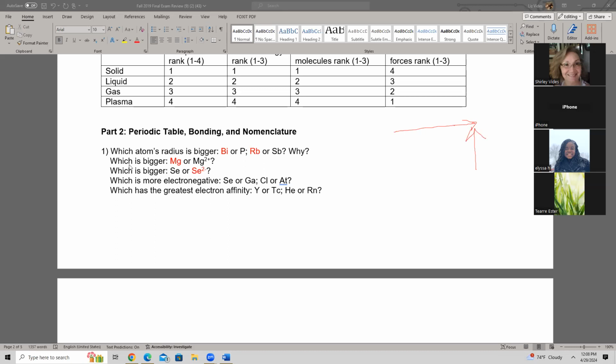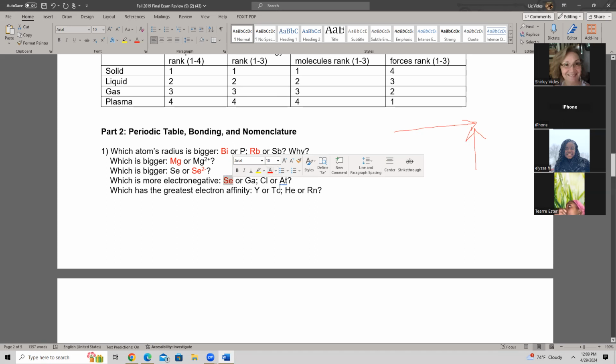Selenium is to the right of gallium, so selenium would be the right answer. And then chlorine is above astatine, so chlorine would be the right answer. You notice that these are exactly backwards from the other ones.